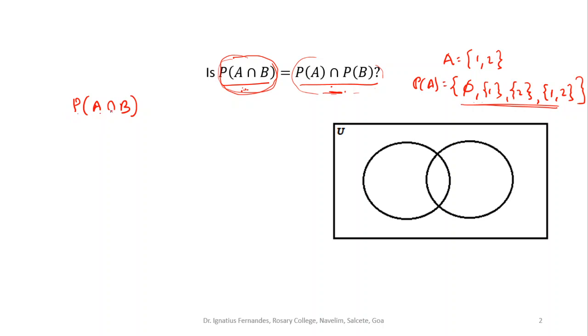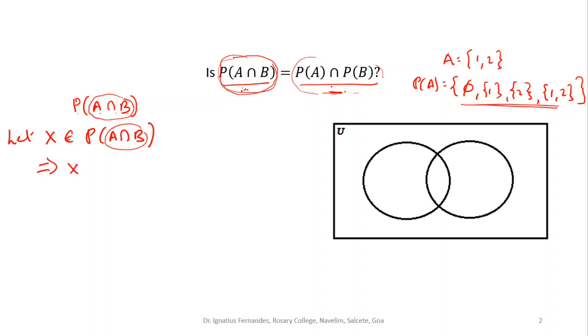An element in power set of A intersection B is some subset of A intersection B. So we'll say let X belong to power set of A intersection B, and I'm writing X capital because this X is basically a set and it is a subset of A intersection B, because power set contains all the subsets of that set.